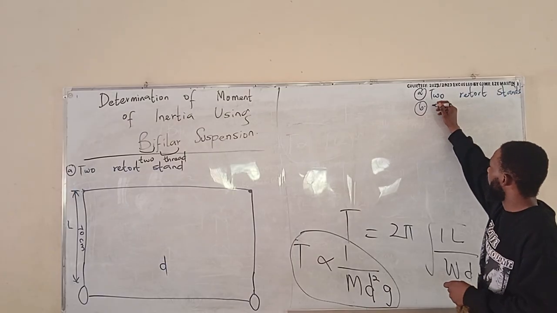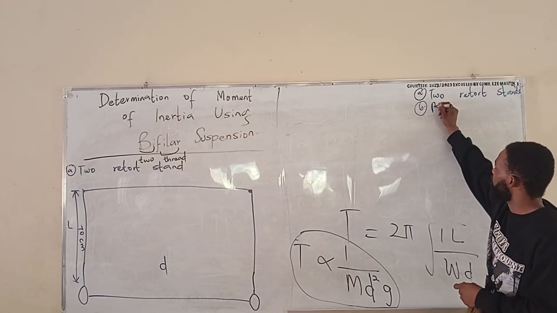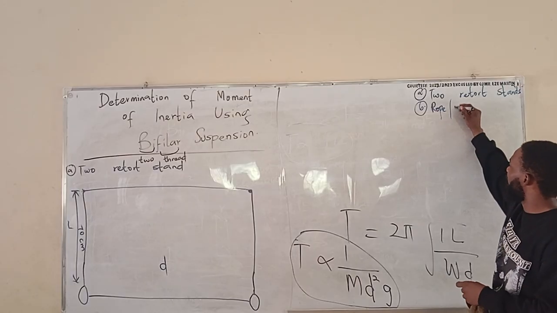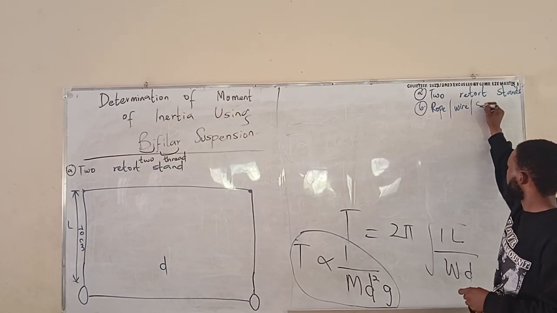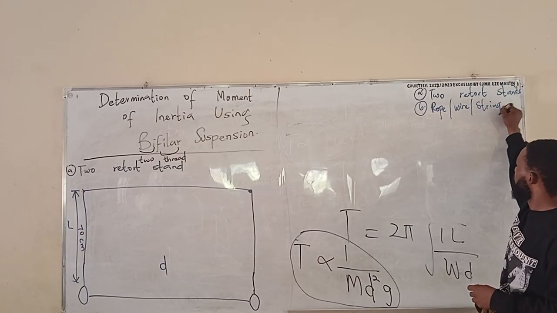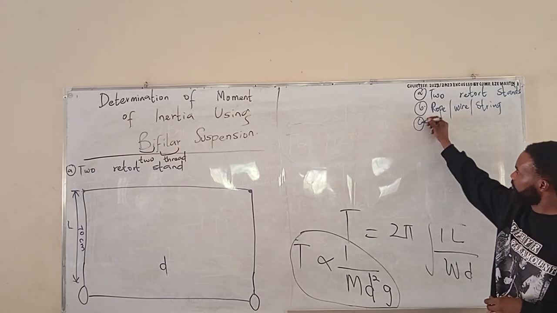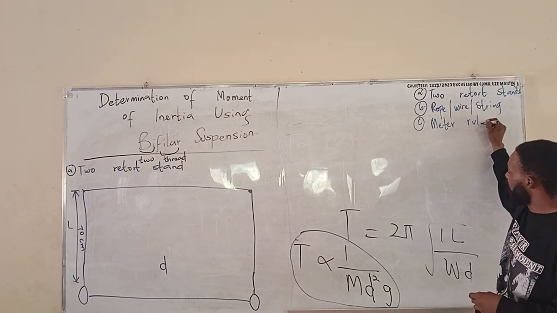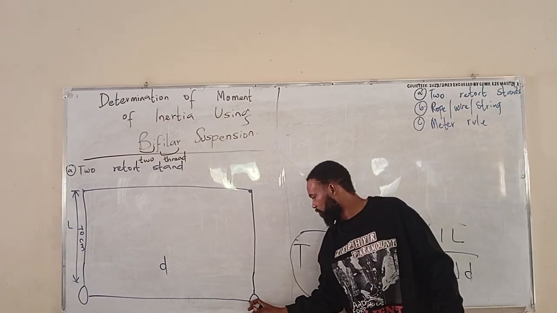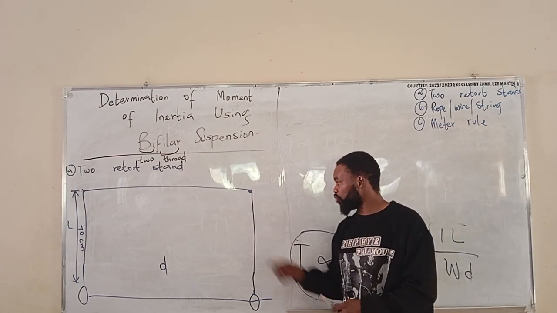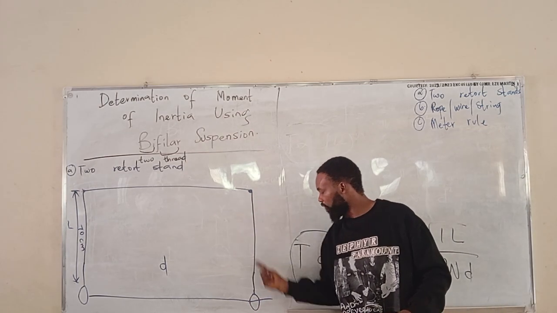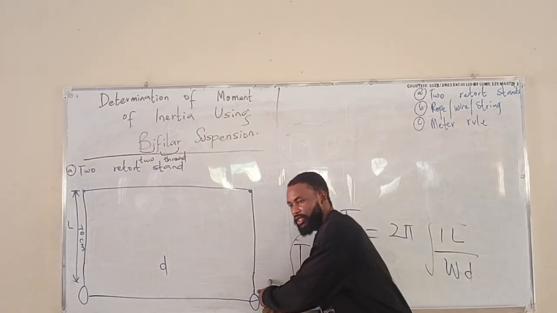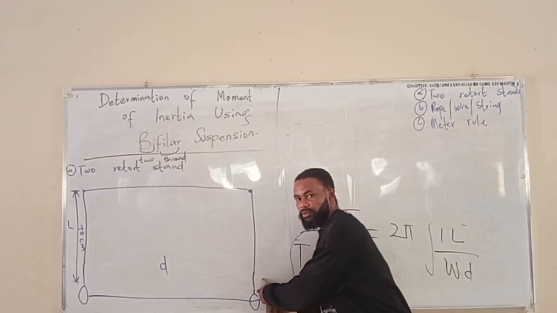So B, I am provided with rope or string. Rope or string, something I attach to that, rope or wire or string. Now, C, meter rule. So I have the meter rule that I will pass through this particular wire. Because once I attach this, if I measure that 70, the extra of the rope that is remaining, I use it to tie the meter rule.